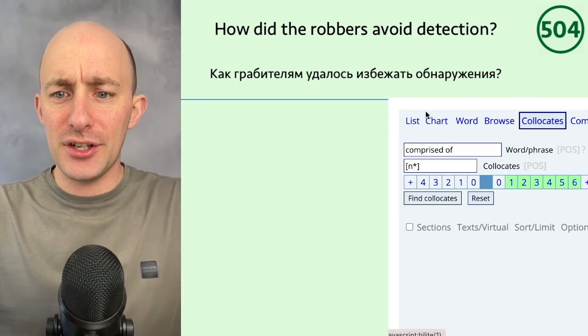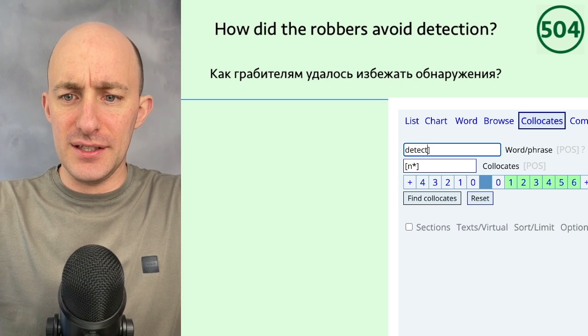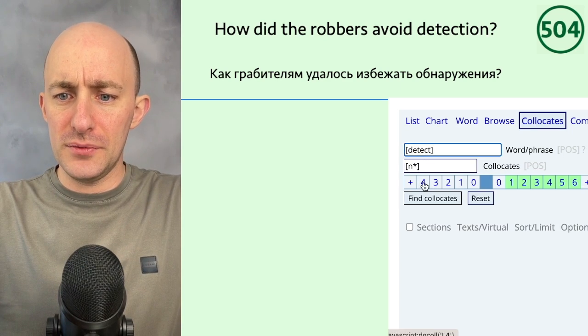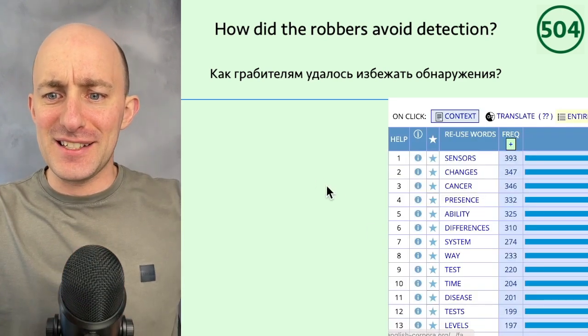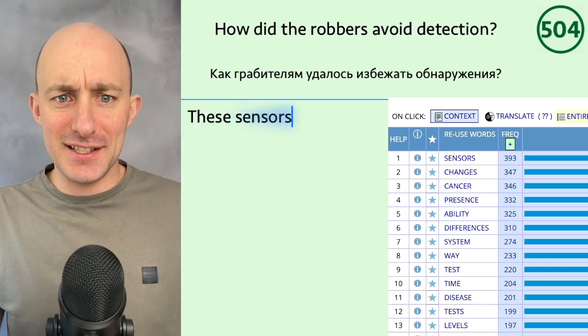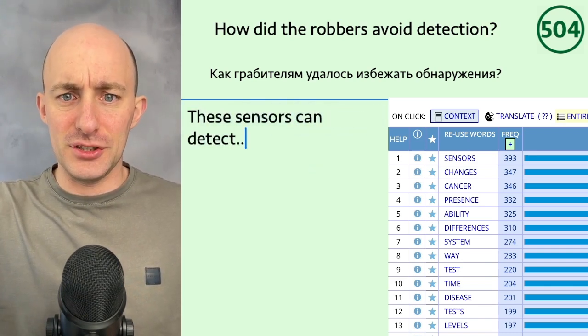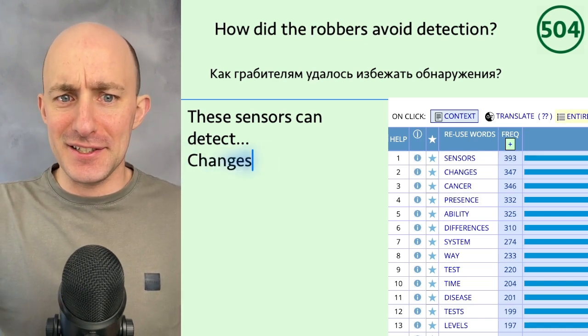And let's have a look at other things that are often detected. So we'll need to use detect like that. That gives all the forms of the verb, and we go for nouns before, nouns after, and we see what phrases. So these sensors can detect... Changes were detected.